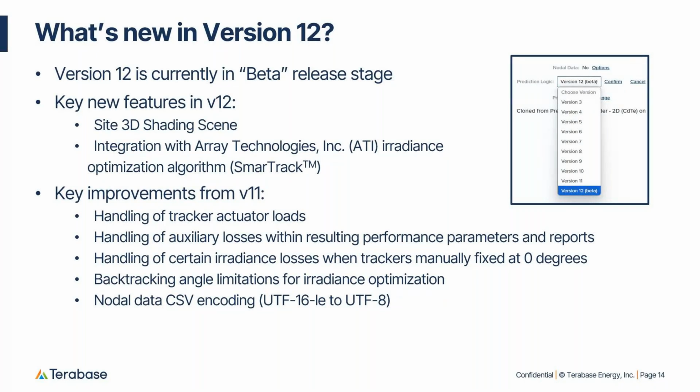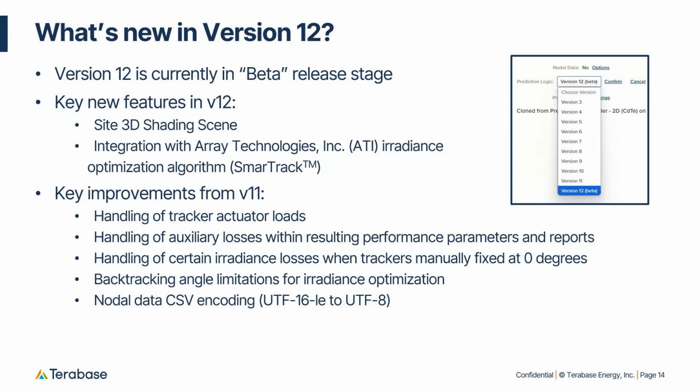Some other notable improvements from version 11, which affect the energy performance model, include the handling of tracker actuator loads. These can no longer be applied to fixed tilt systems, which I think was mistakenly done in the past, more than probably should have been.